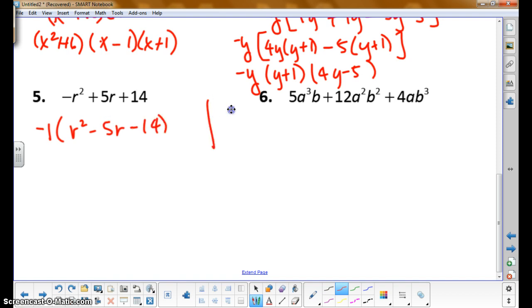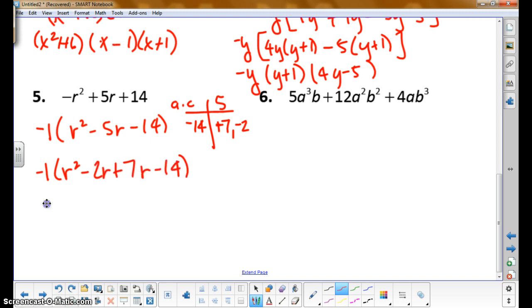So we have two factors, and that would be a negative 14, and our B is 5. So that's a positive 7, negative 2. Negative 1, R squared minus 2R plus 7R minus 14.